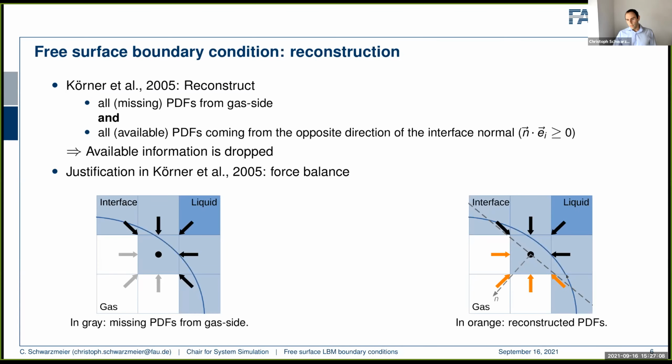So the 4th one here is also reconstructed, although it is already available, which means we are overwriting existing information. And the authors justified it by saying, okay, only then the forces at the interface are balanced.